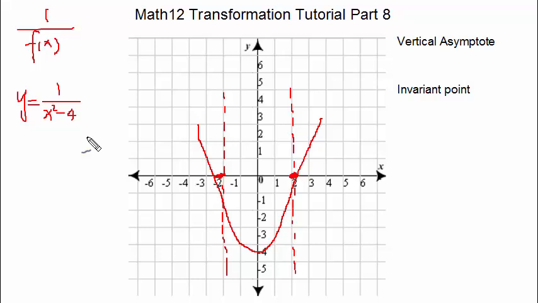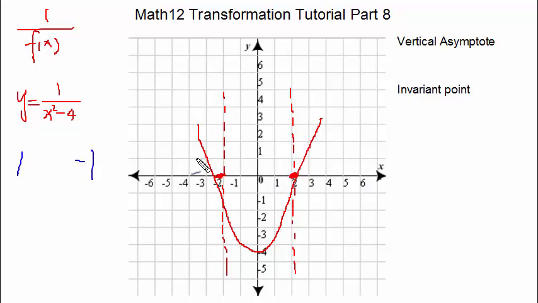It's all changed. But only 2 numbers do not change: 1 and -1. So 1 over 1 is still 1, and 1 over -1 is still -1. So y values of 1 and -1 are invariant points.